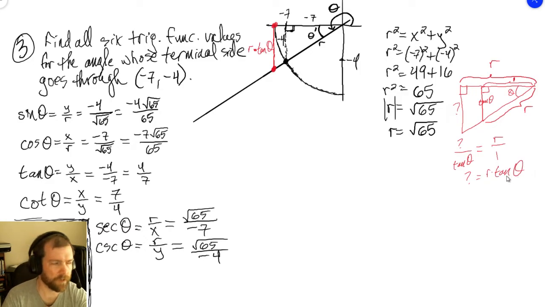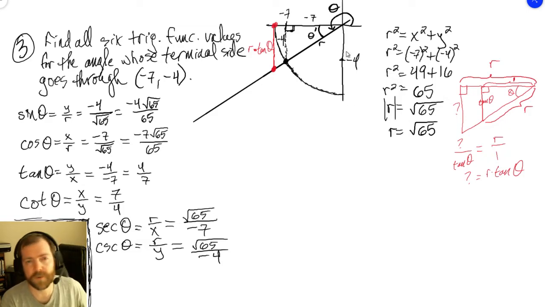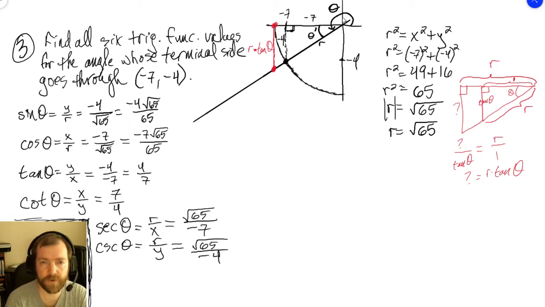That took me longer than I wanted, sorry. But the idea here is that we're just going to get similar triangles for the unit circle and then blown back up to this full size one here. All right. So here in this triangle we have r tangent theta is going to be the vertical value here.